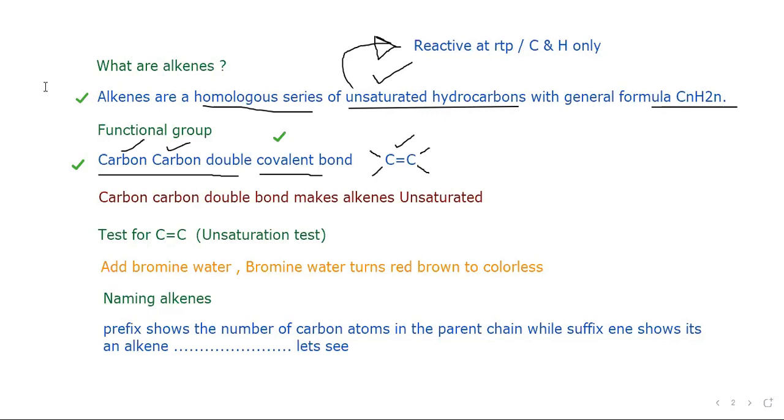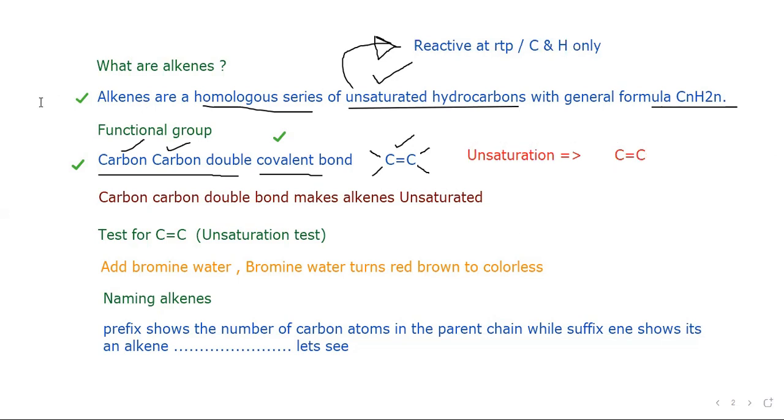But technically, as per the Cambridge specification, please keep it in mind, what does unsaturated mean? Unsaturated means something which has at least one or more carbon-carbon double bonds.